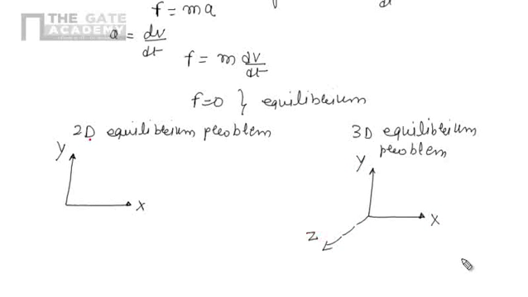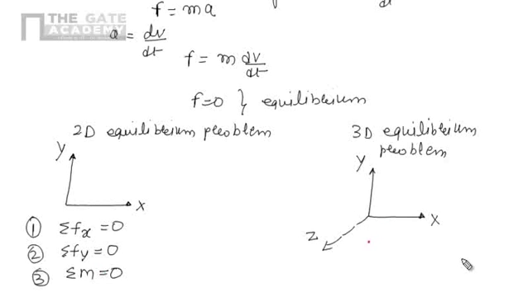So what are the conditions for 2D equilibrium problem? First, algebraic summation of all forces about x should be 0. Algebraic summation of all forces about y should be 0. And algebraic summation of moment of all the forces about any point should be 0.